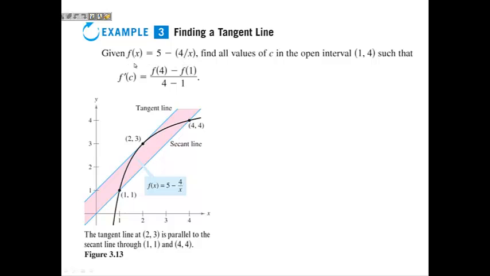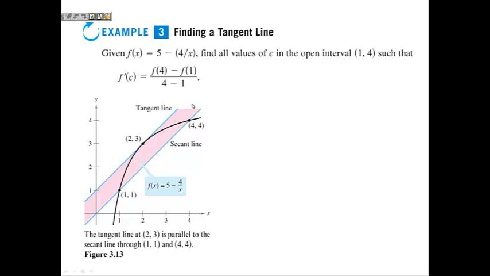We have a given function f of x is equal to 5 minus 4 over x. Find all values of c on the open interval between 1 and 4 such that the derivative at c is equal to the same slope as between these 2 points. This is just the rise over run between these 2 points, and I want the same slope as that.